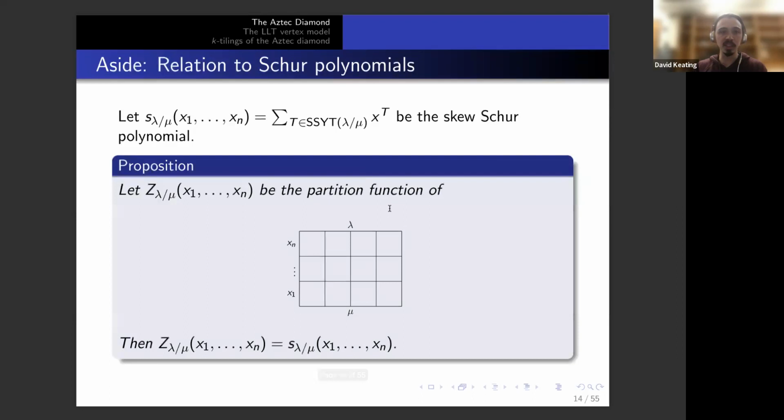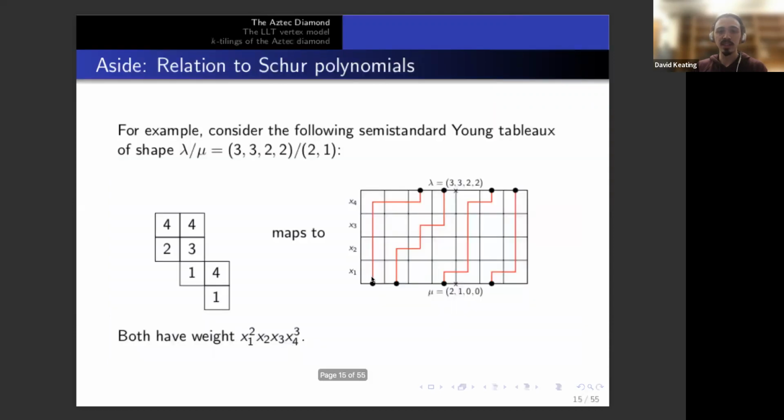But before we get to that, just a short aside, that these white faces you can think of as being a vertex model for Schur polynomials. So if I stack a bunch of white rows, start paths at mu at the bottom and end the paths at lambda at the top, then there's just an easy bijection between semi-standard Young tableaux of this shape lambda skew mu and these path configurations.